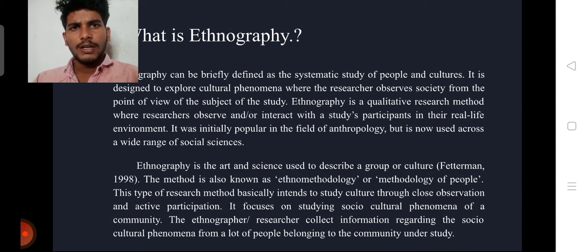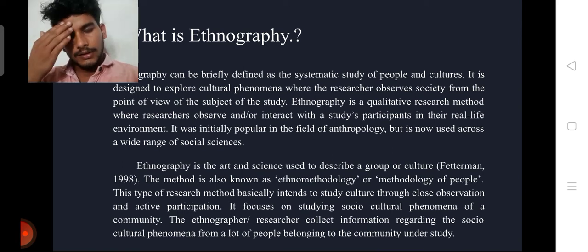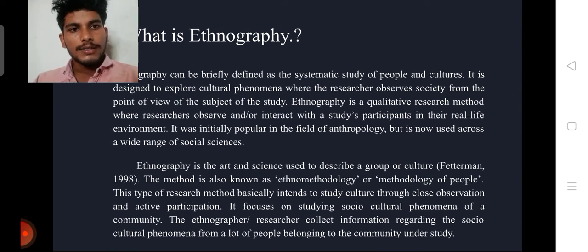Ethnography was initially popular in the field of anthropology. Now it is popular in a wide range of social sciences. Ethnography is an art or science used to describe a group or culture.